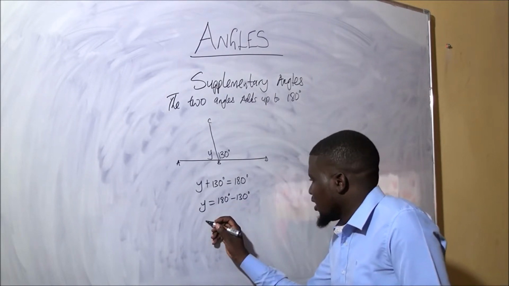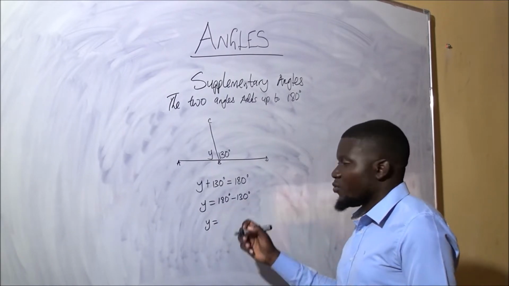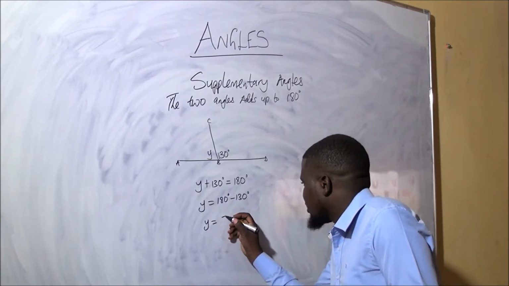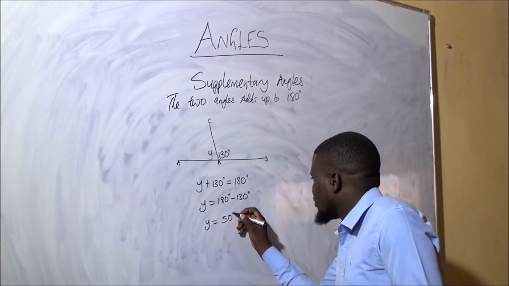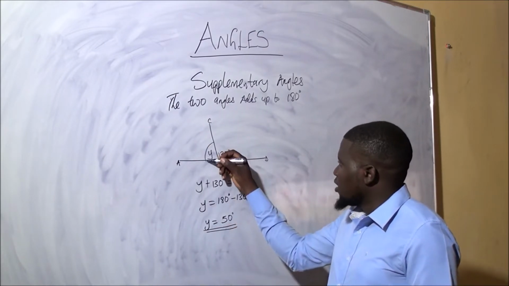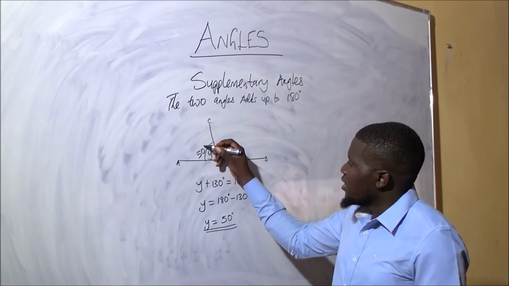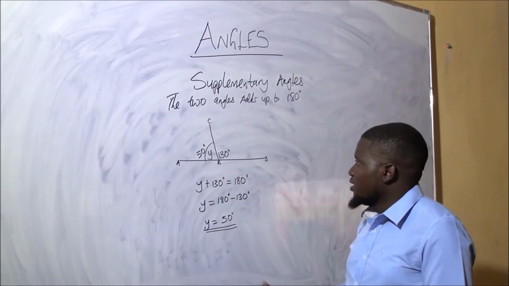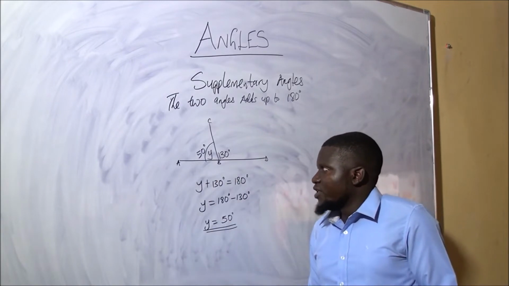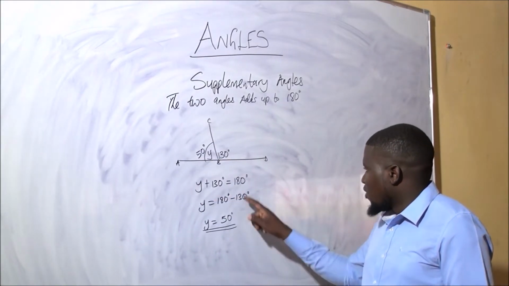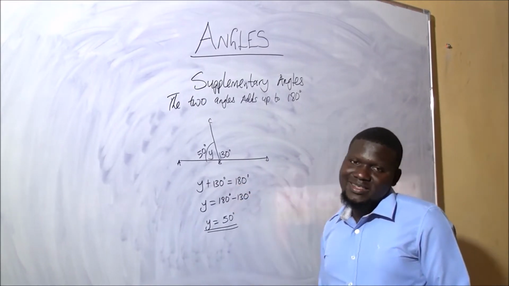Thereafter, y is equal to the difference between 180 and 130 degrees, which is 50 degrees. So where there's y here, there's 50 degrees. Such that when we add these two angles together, 130 and 50, we get 180 degrees.